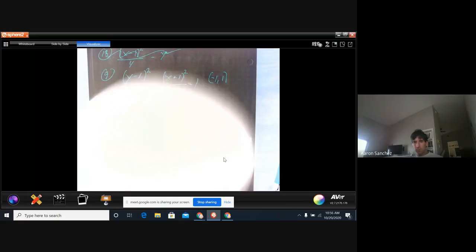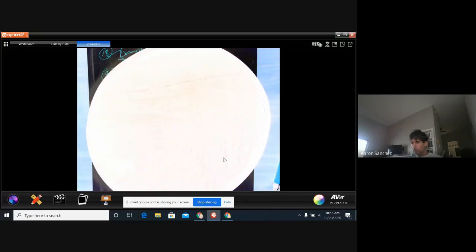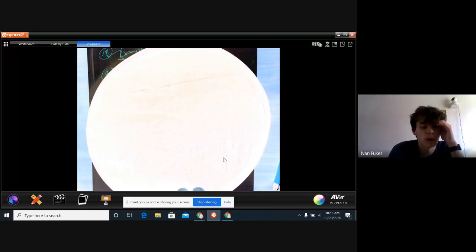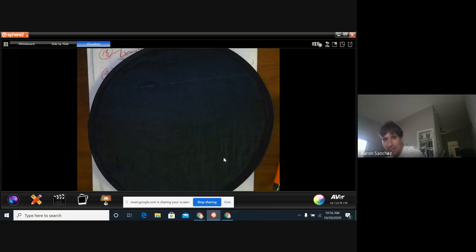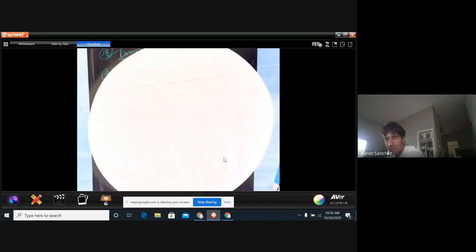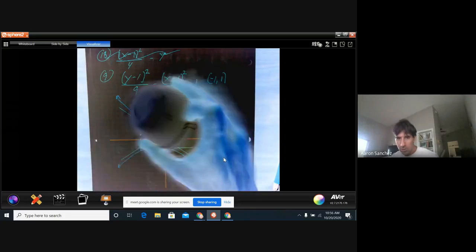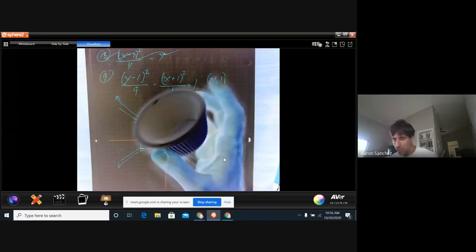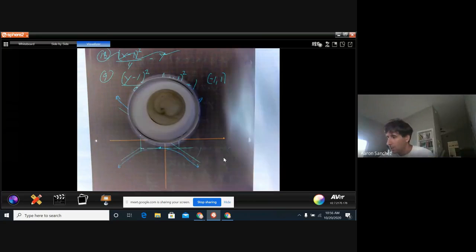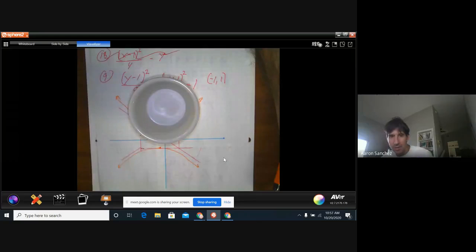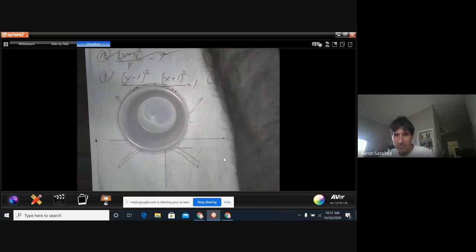What color is this circle, do you think? Brown. Black. What color is this bowl? See the bowl? You can't even tell. White. Yes, it's a white bowl.